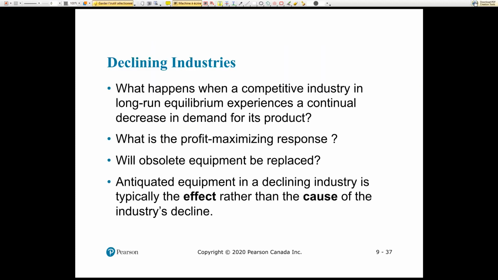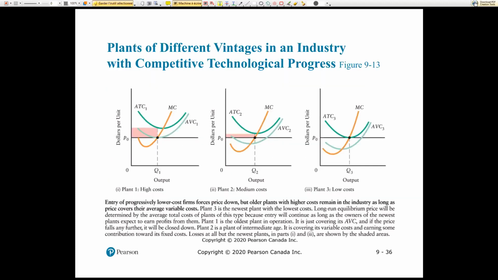So let me just, okay, two slides there. This is a high cost industry, ATC 1. Here they lose money.